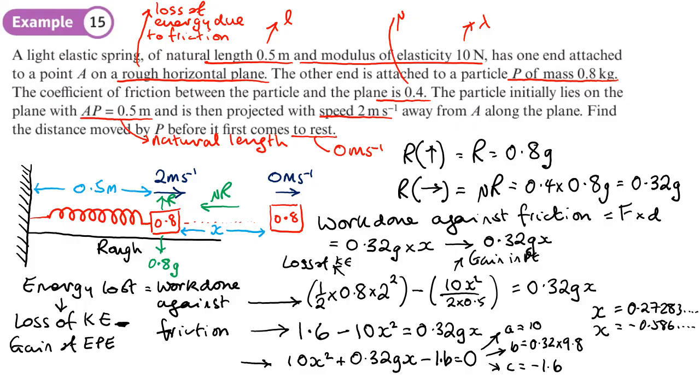Because I want to find the total distance, x is going to be positive, so the distance travelled is 0.27283. Well, actually there isn't anything to add on, is there? It's just that value of x. We don't want to know the distance from A, we just want to know the distance. So that is our final answer.